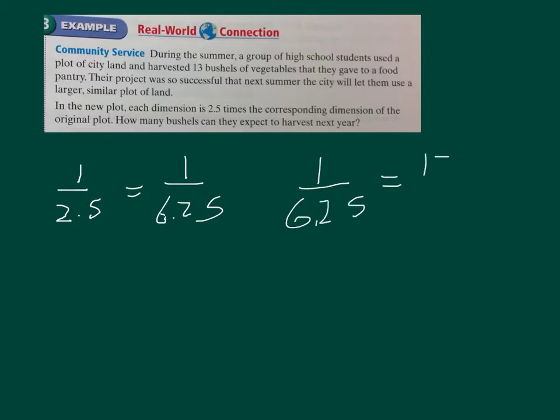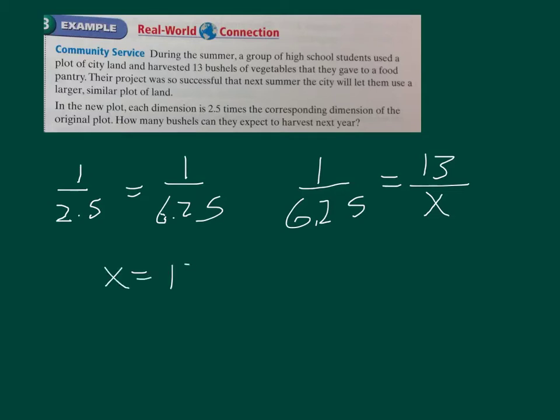The ratio of the original plot of land to the new plot of land is 1 to 2.5. So the ratio of their areas is going to be 1 to 6.25. That's the ratio of the areas. You square A and B. So 1 over 6.25 is going to equal 13, that's how many bushels the old plot gave, to X. You're just going to simply do cross products.